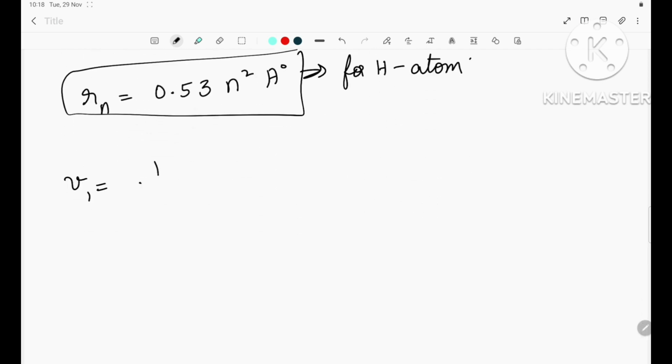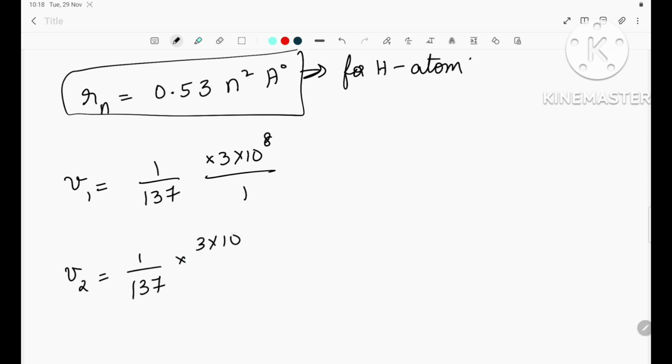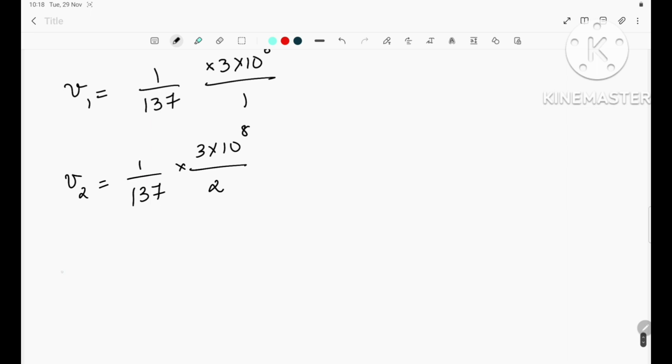So V1 is equal to 1 by 137 into 3 into 10 to the power of 8 divided by 1. V2 is equal to 1 by 137 into 3 into 10 to the power of 8 divided by 2, and V3 is equal to 1 by 137 into 3 into 10 to the power of 8 divided by 3.